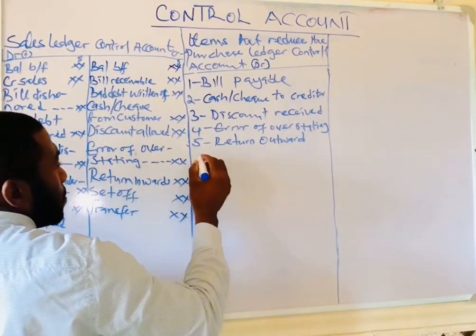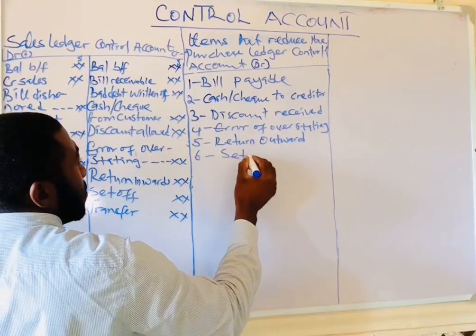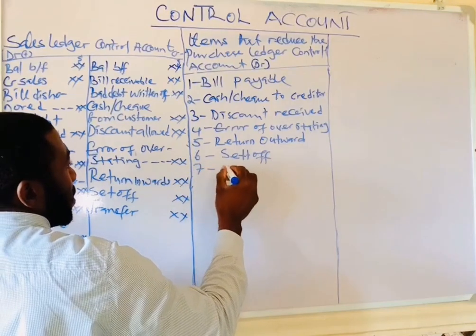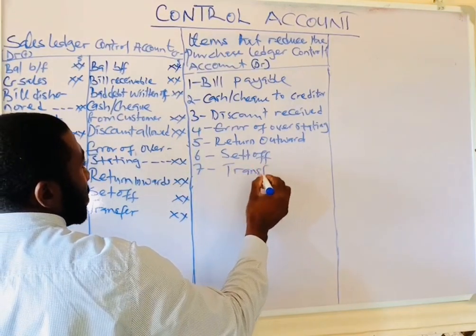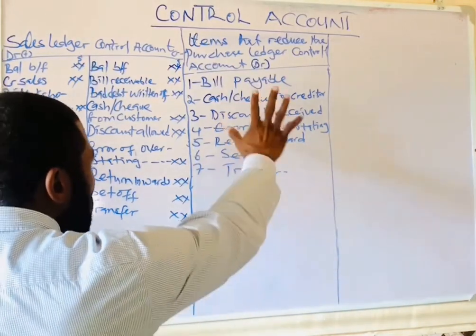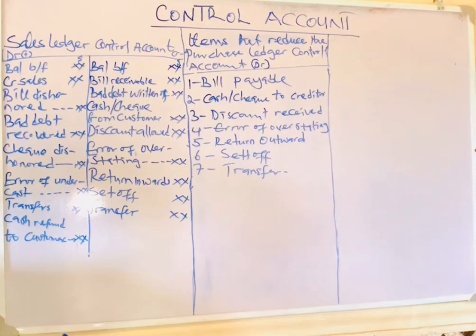So set off and transfer. Very simple. Any other item that you see in the question that will reduce what you have to pay to the creditor. I hope you are getting it.